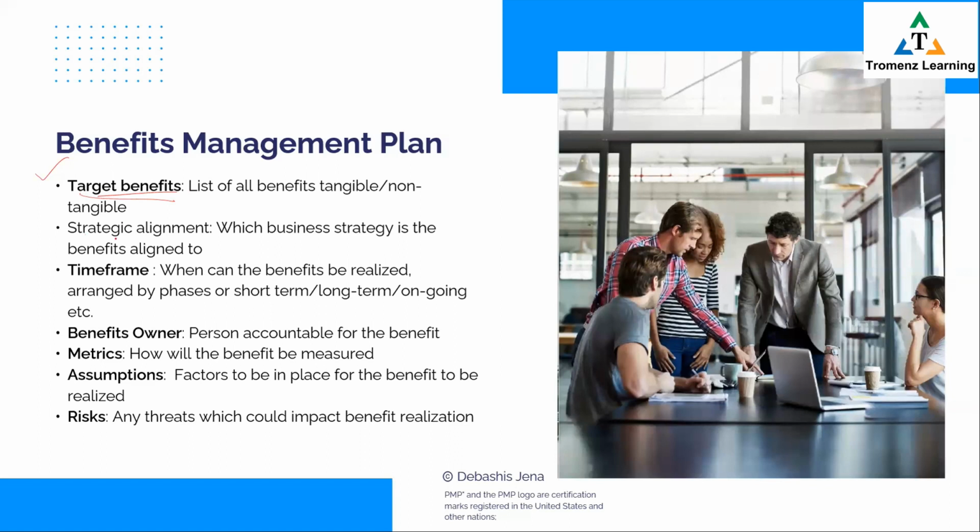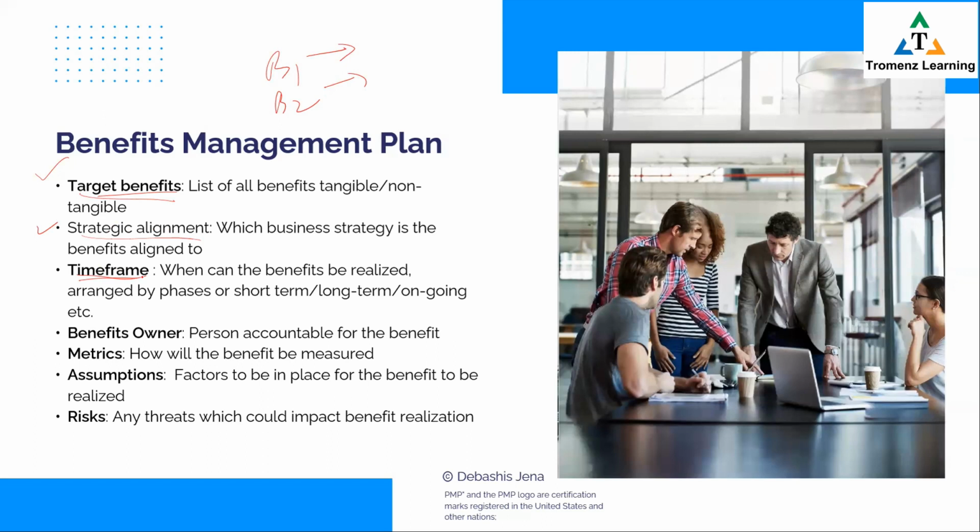The strategic alignment. I hope you appreciate each benefit, say benefit 1, benefit 2, will help achieve some strategic goal of the organization, directly or indirectly. That we map here. Then time frame, which we just spoke about. The timing of benefits could be during, right at the end, or sometime after completion.